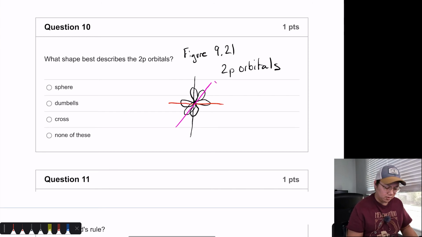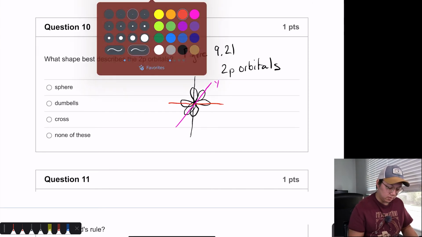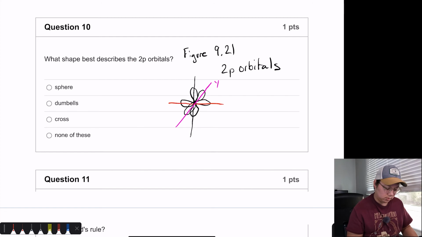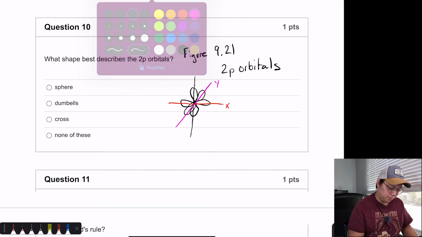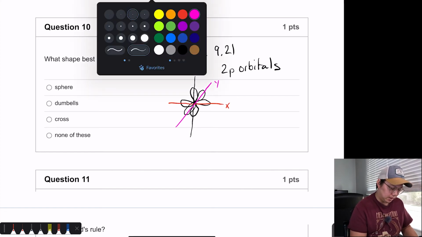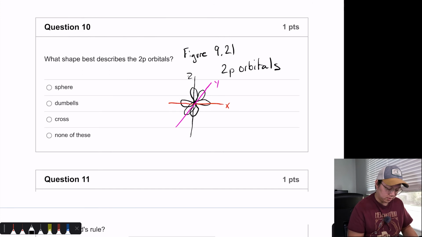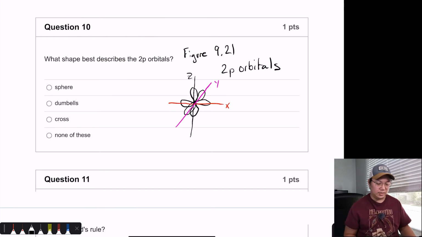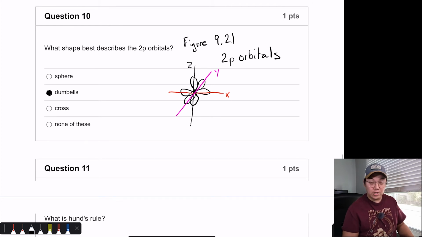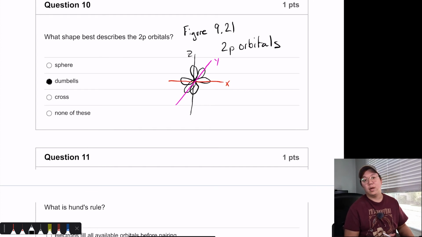And so this is Y, red is X, and black is Z. So they exist on this plane. So a single 2p orbital looks most like a dumbbell. The sphere would be the s subshells, and across is what the d subshells look like.